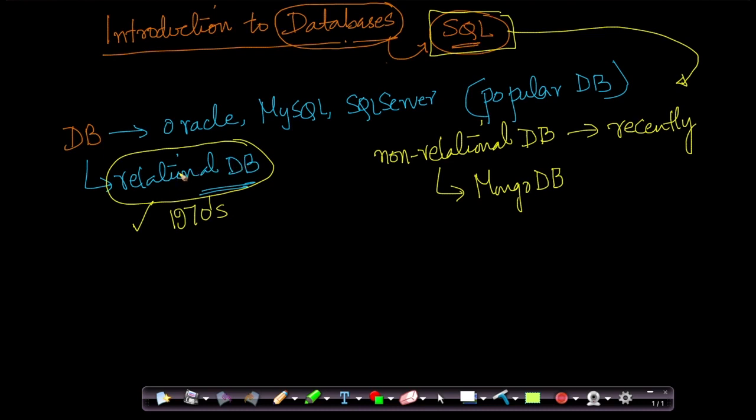I'll not go deep into what the differences are, because our focus is learning SQL. Even though SQL was designed for relational databases, the non-relational database community has also adopted SQL or variations of SQL for processing or obtaining data.